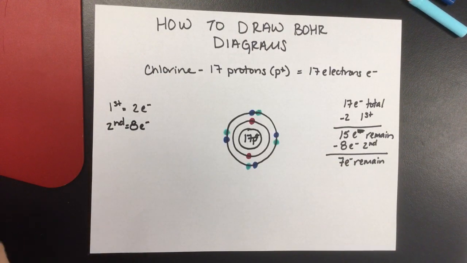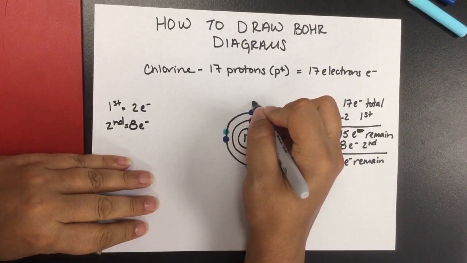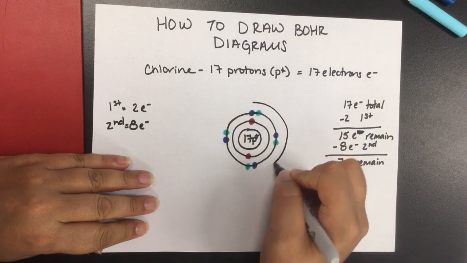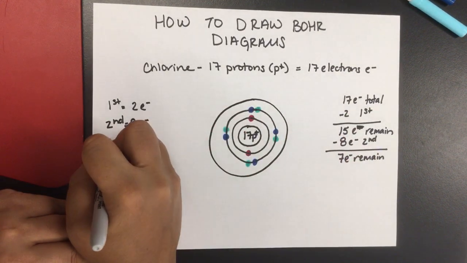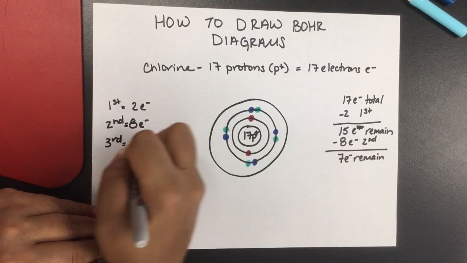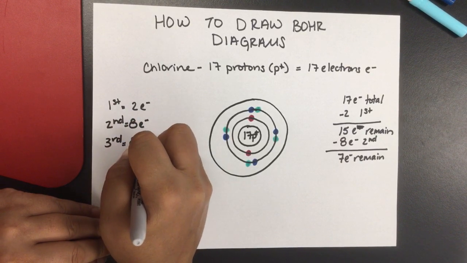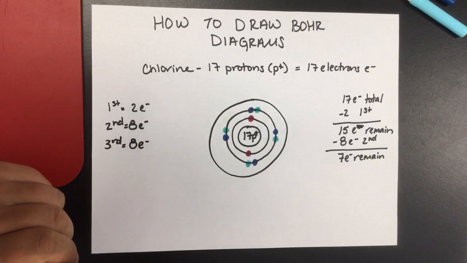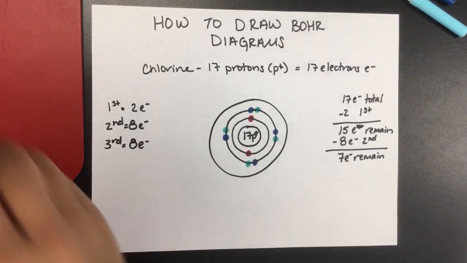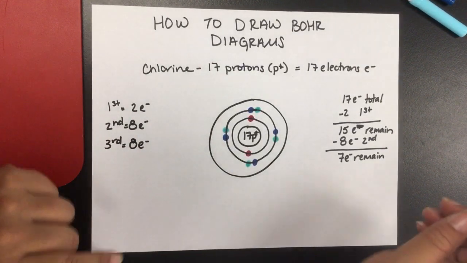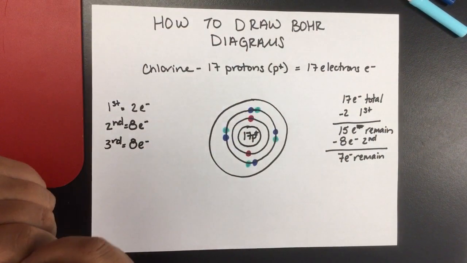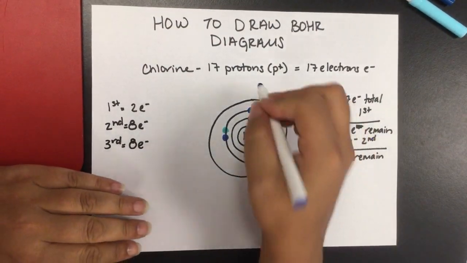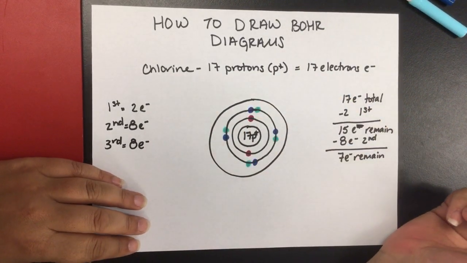So I'm going to draw 1 more shell, my third level. Okay, and again, we're going to make the assumption that every single level after our first can hold 8 electrons. So now that I have my third shell, I can start putting in my next electrons. And I'm going to do the same thing I did with the second.